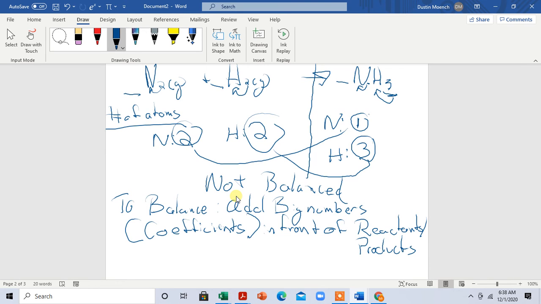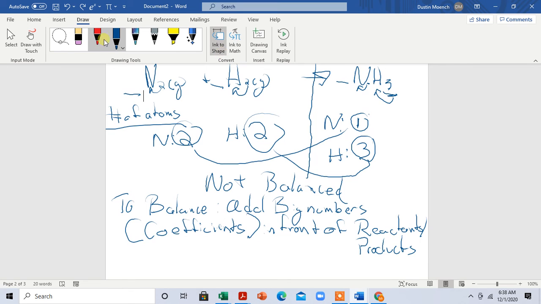I could add a big number out here, or a number right there, or a number right here, to make me have an equal number of atoms of each type on both sides of the chemical equation.